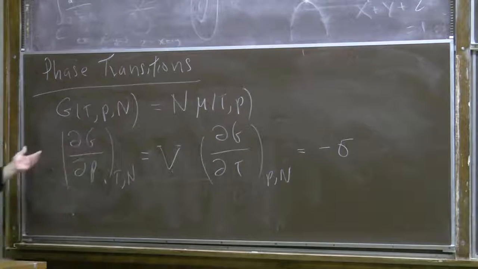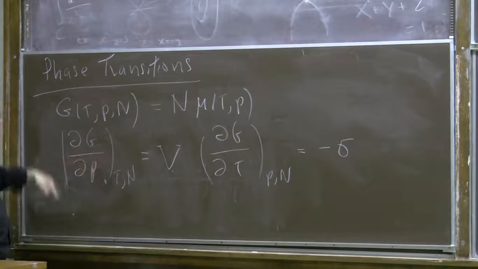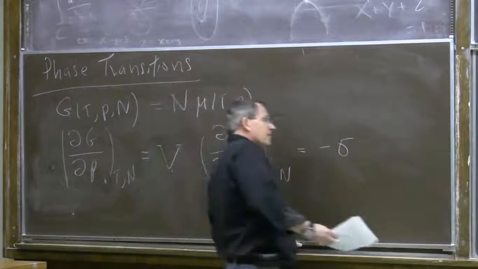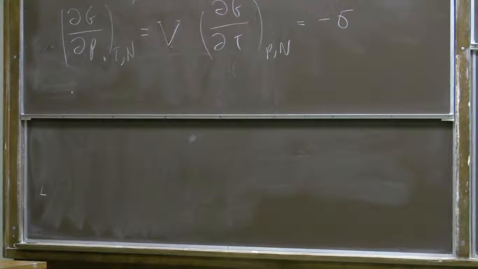So when I differentiate the chemical potential, since we're keeping N fixed in both cases, it's just 1 over N times the derivative of the Gibbs free energy.